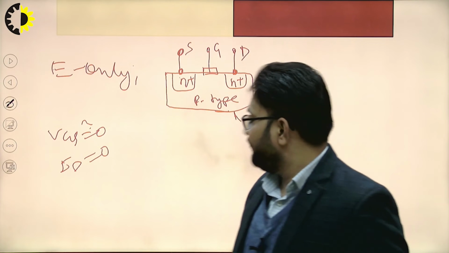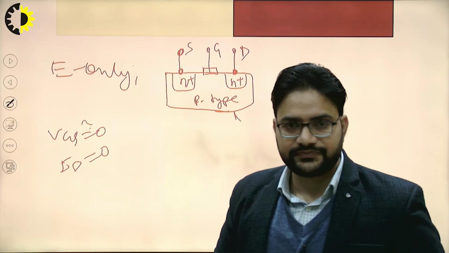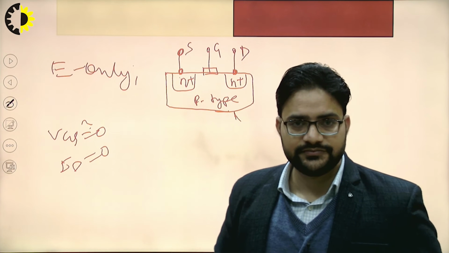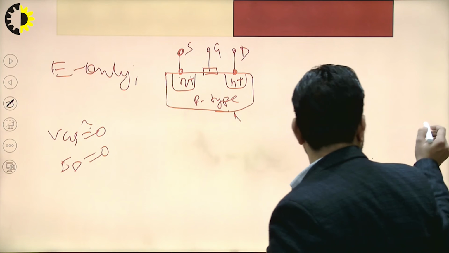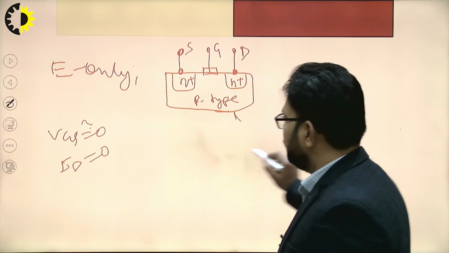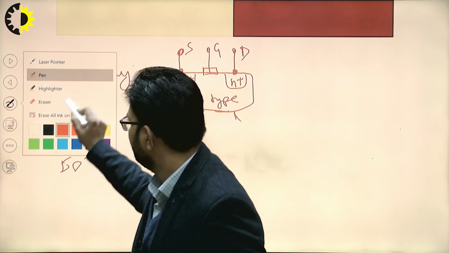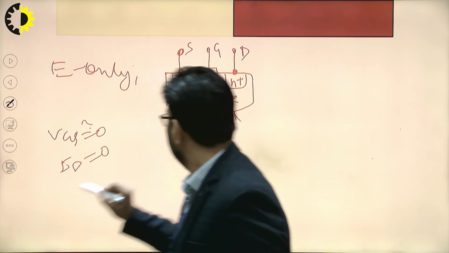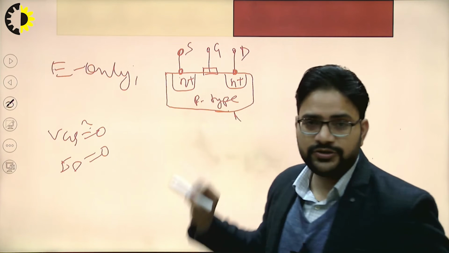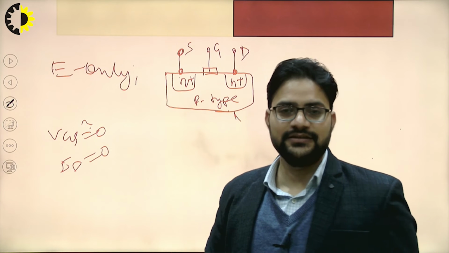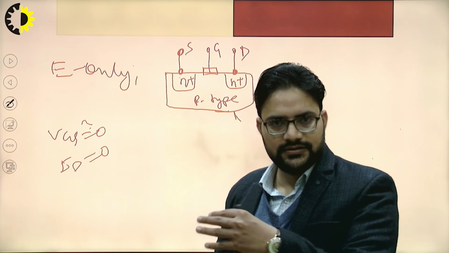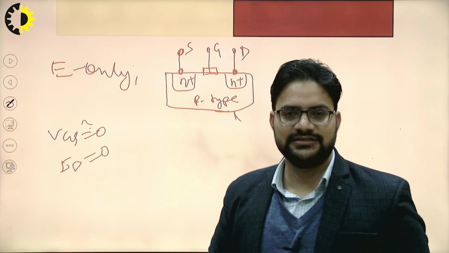Now, whenever VGS is applied, a channel will be induced. Now, charge carriers can move from the source to drain, and correspondingly it will contribute towards the conductivity, and the drain current increases.